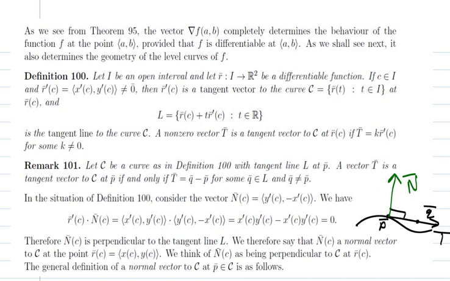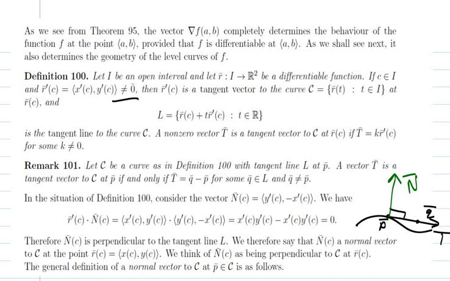So I'm going to remind you, how do we define tangent lines? Let I be an open interval and r be a vector valued function, which is a differentiable function. If c is in I and r'(c) is the vector (x'(c), y'(c)), and it's non-zero, very important, it's non-zero, then r'(c) is known as the tangent vector to the curve C at that point.